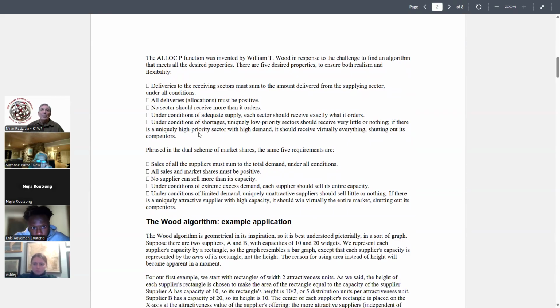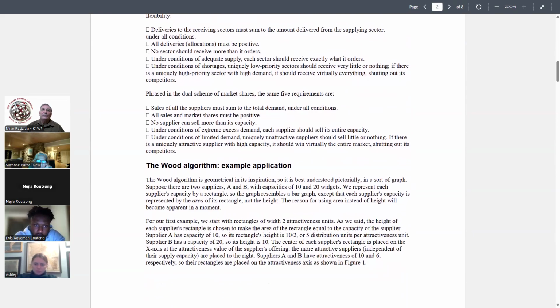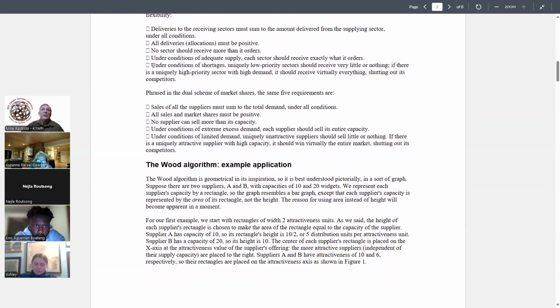Some of these, the other one fulfilled, but not all of them. So this is the one where the simple one failed. Under conditions of shortages, uniquely low priority sector should receive very little or nothing. Joe Bob gets stiffed.